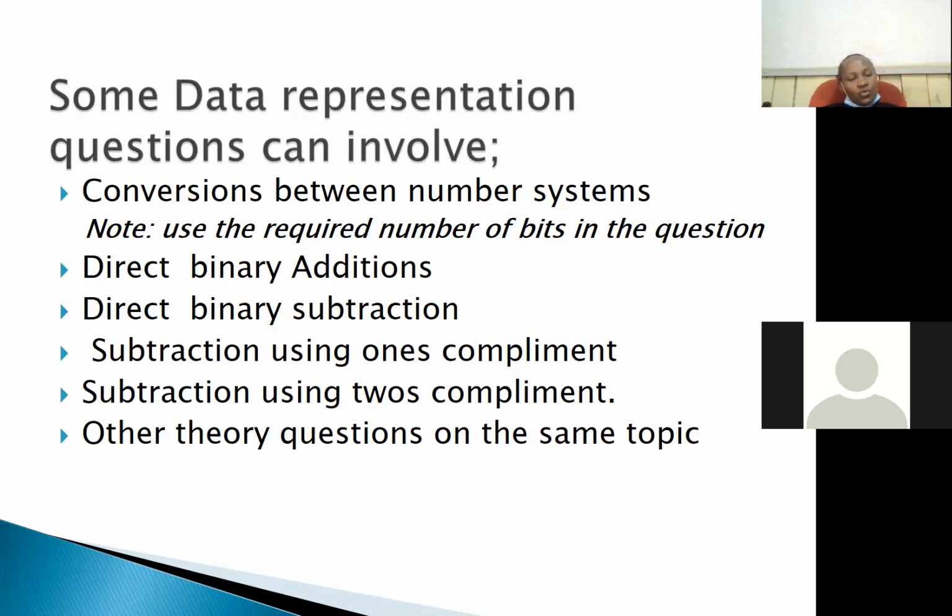How do you approach the question? In ones complement, if your answer is a negative number, you recomplement it to get the original number, and then the digits after recomplementing are what you convert to base 10. In twos complement, if the answer is negative and you're supposed to leave your answer in decimal notation, this is how you approach it.